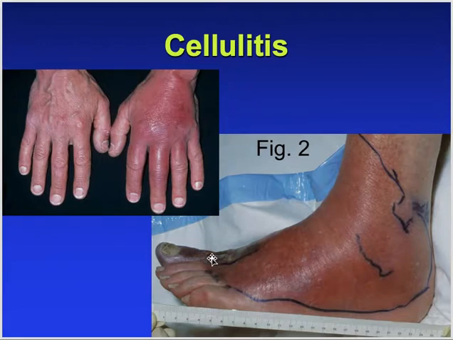So whenever you find a patient of cellulitis in a real surgical ward, you are going to find the same thing, a marking like this.